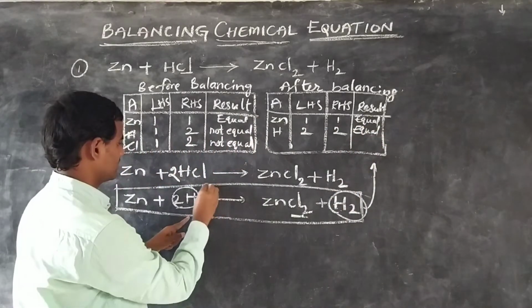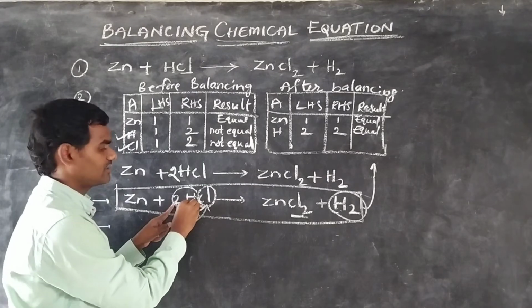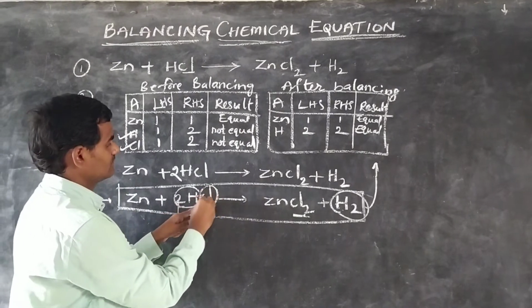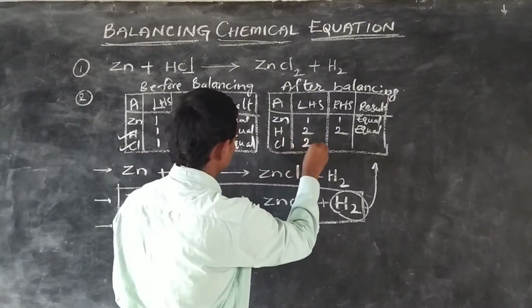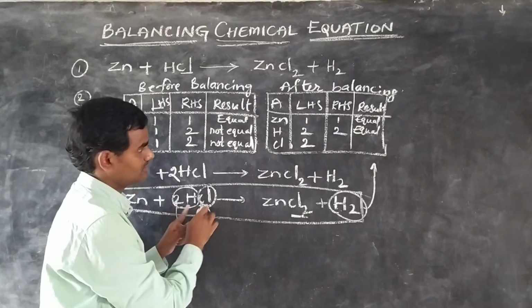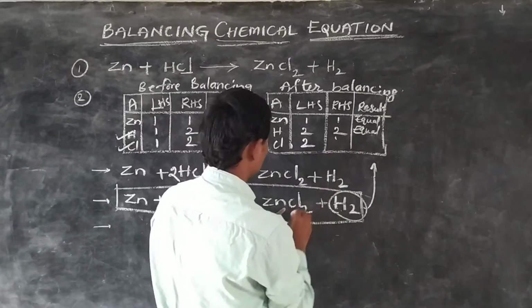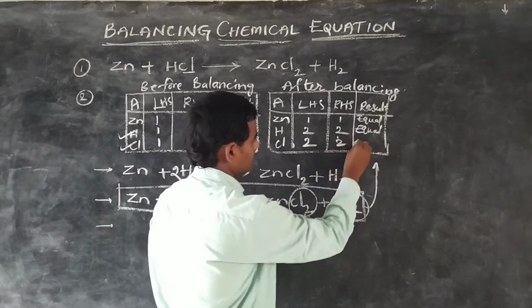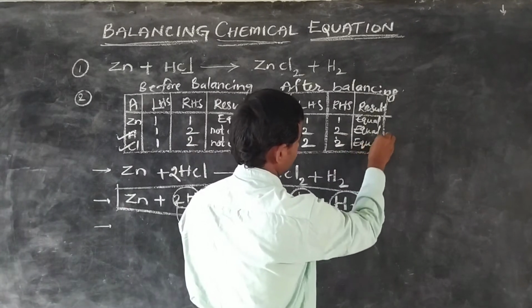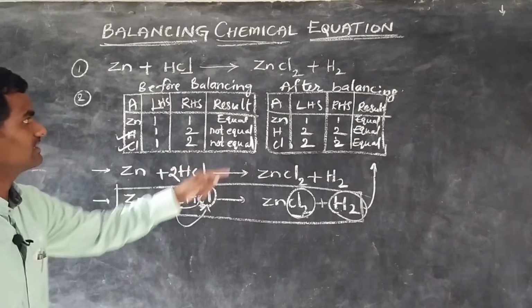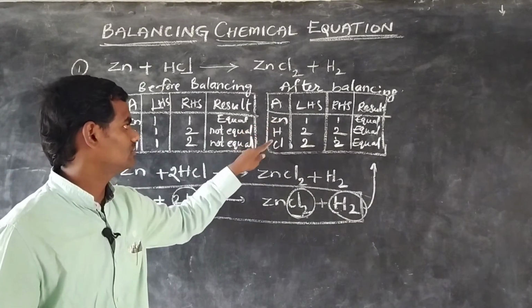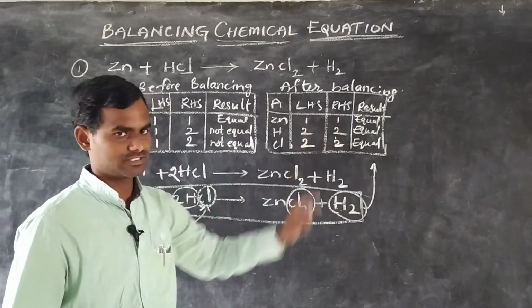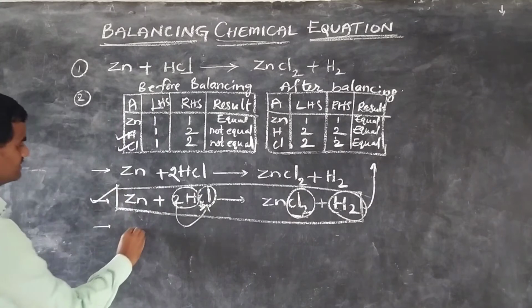Next, chlorine has 2 atoms on reactant side and 2 on product side. So, they are also equal. So, the numbers of atoms of zinc, hydrogen and chlorine are all equal. So, the equation is balanced.